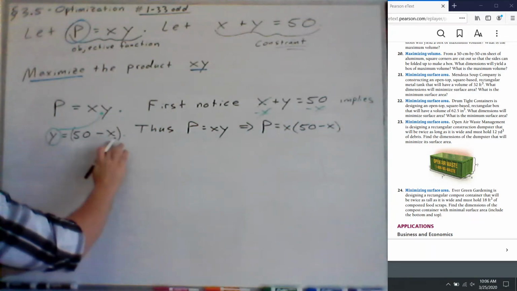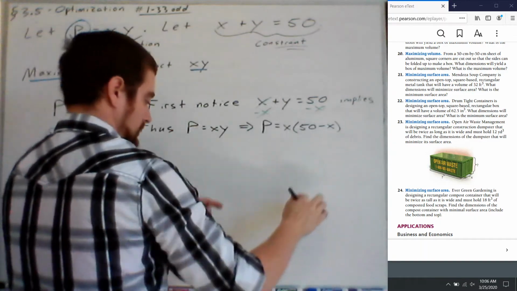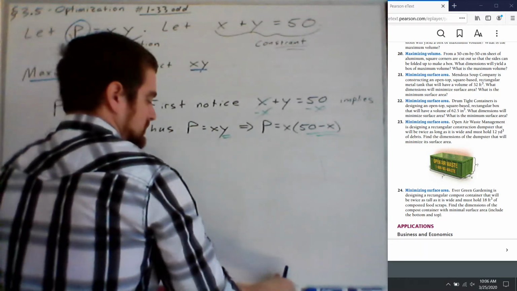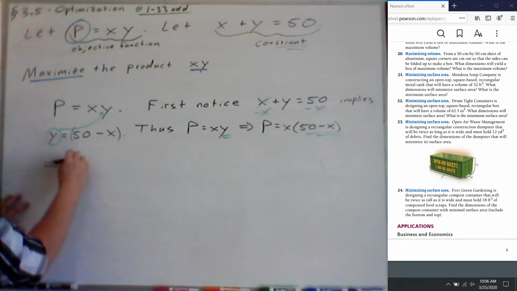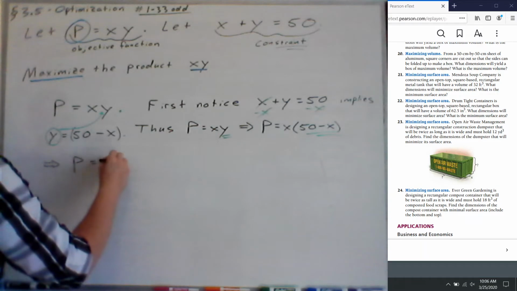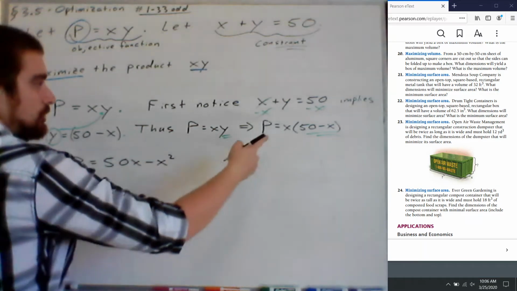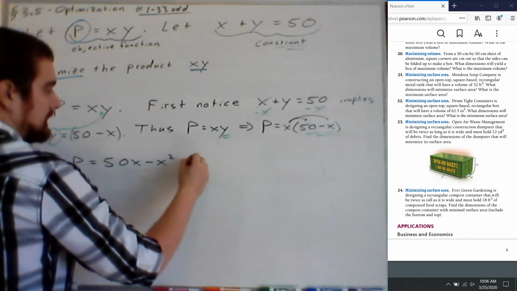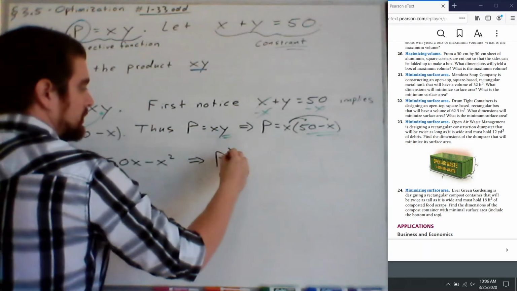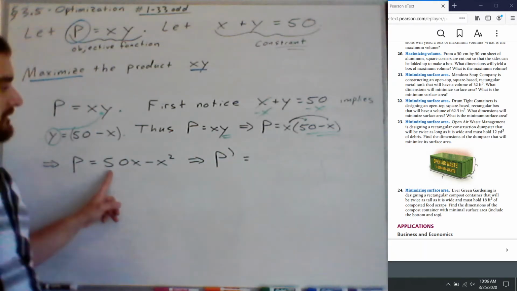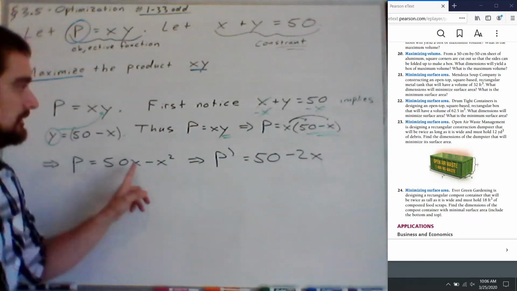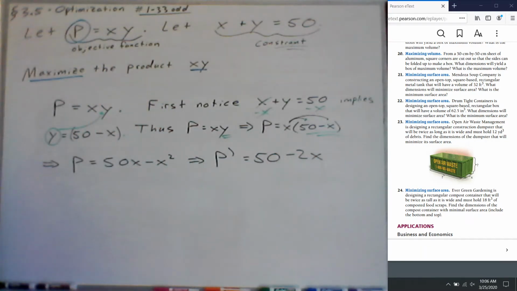I'm simply making that replacement, Y goes where Y was, which tells me that P is equal to 50X minus X squared when I distribute. So P prime is going to be equal to 50 minus 2X. It's strictly a function of X, so I just use the power rule.